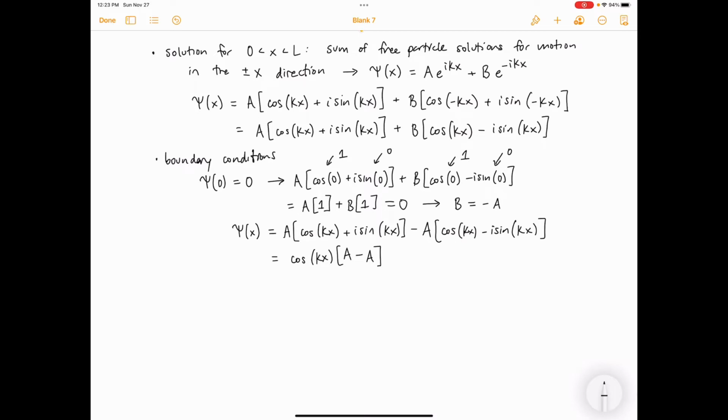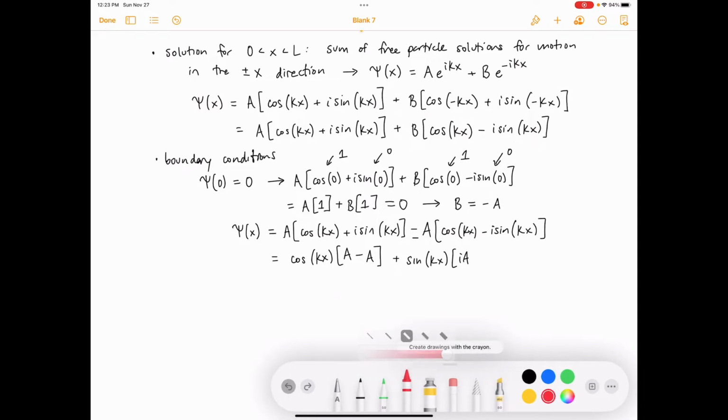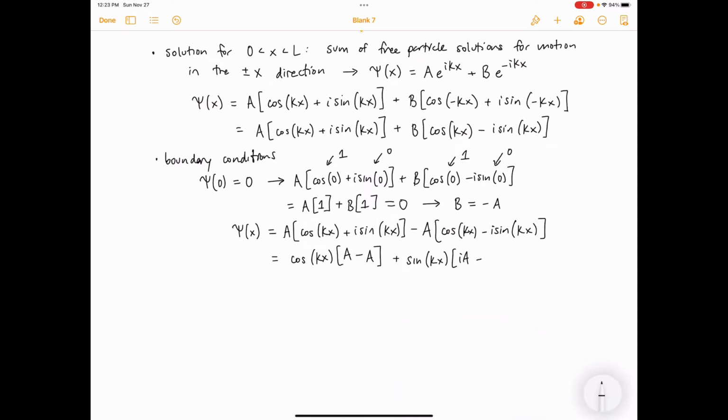If I do the same thing with the sine terms, I have sine of kx. Then from my first set of brackets, I have i times a. And from my second set of brackets, I have negative a, negative i. So those two negative signs cancel. And that's just another i times a factor.